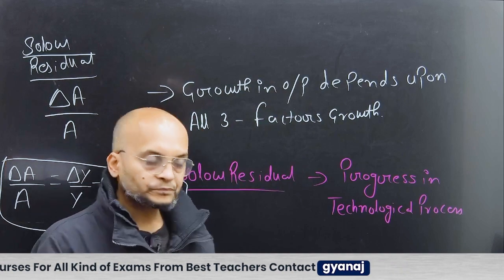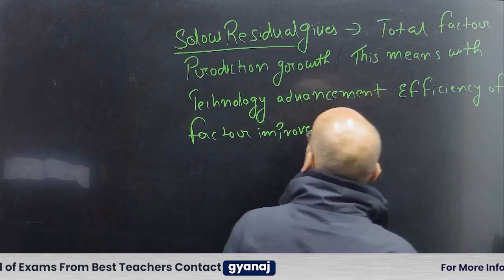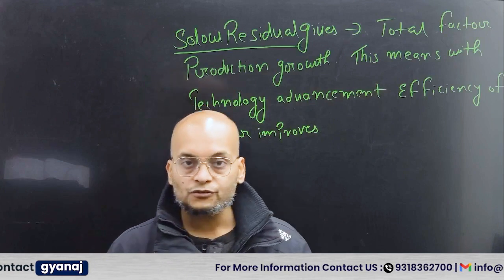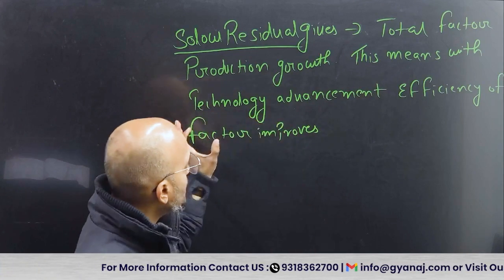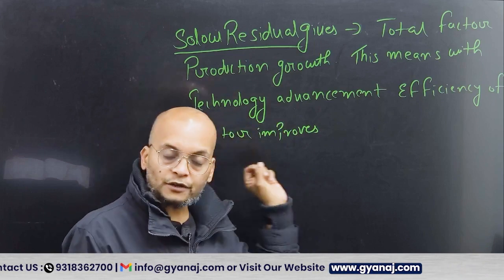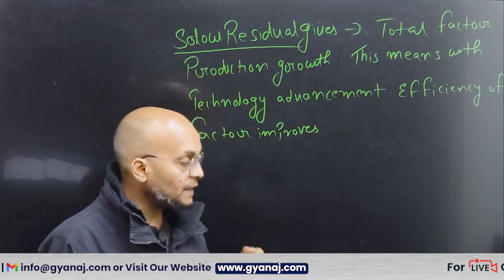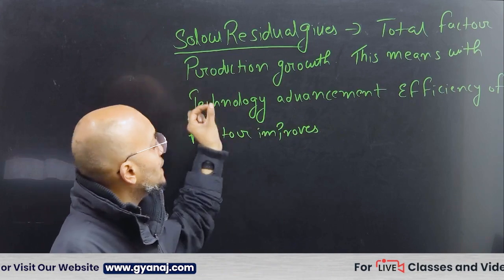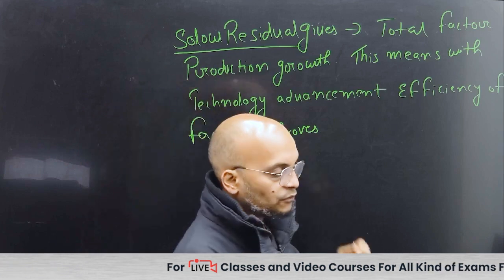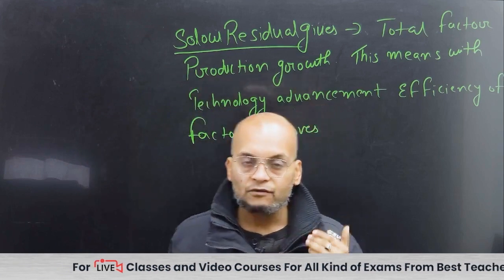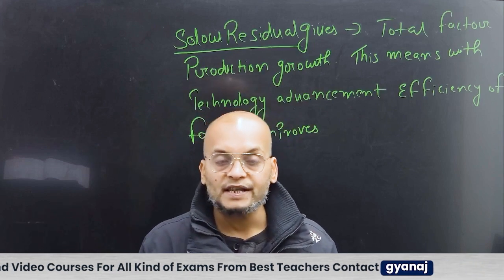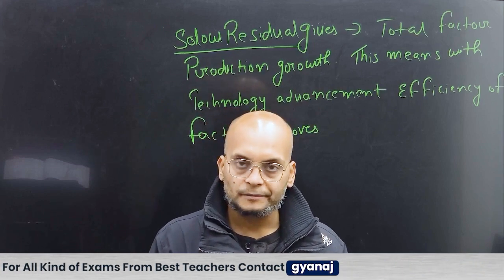Clear? Okay. Now see guys, what's the relevance of this Solow residual? The Solow residual tells us about total factor productivity growth. What I mean is that with the Solow residual, we realize that technology advancement leads to an increase in the efficiency of all factors.